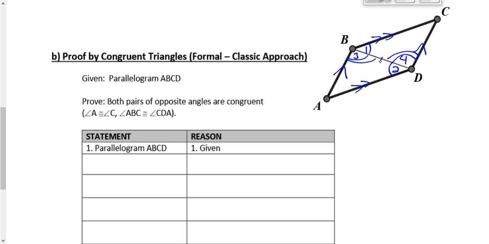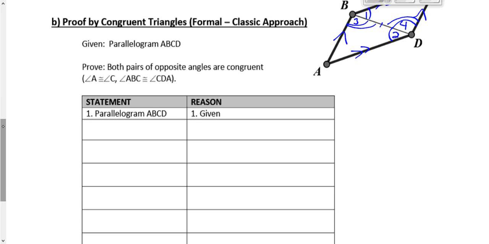So let's see, the first thing we're going to put down is what? Oh, they got it already, right? It's a parallelogram. Now, let me ask you a question. Before we can state that those angle pairs are congruent, do the lines have to be parallel for that to happen? You know it does, right? But so we have to state that the lines are parallel.